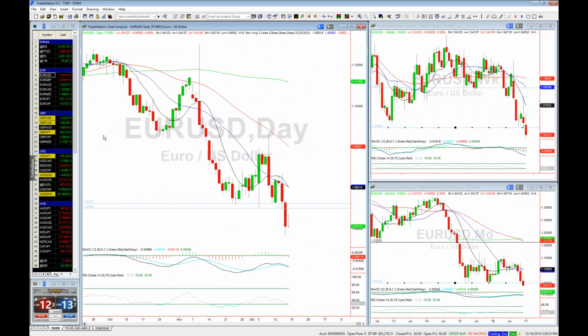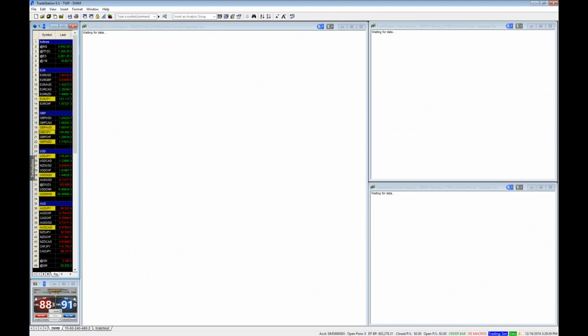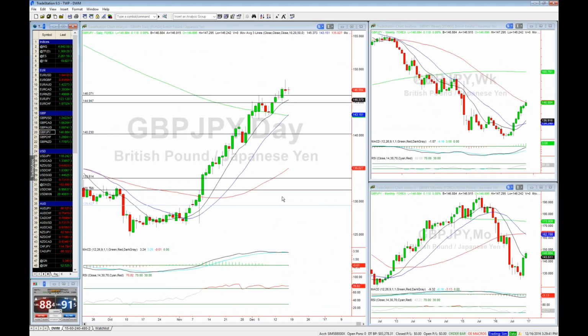All right, British pound, Japanese yen. Just by looking at that chart, I hope you can see why I really like it. That's the kind of trend that I'm looking for. All our strategies here at Trade with Precision are trend following strategies. Why? If I see a chart structure like that, I have the idea that what is in motion stays in motion.